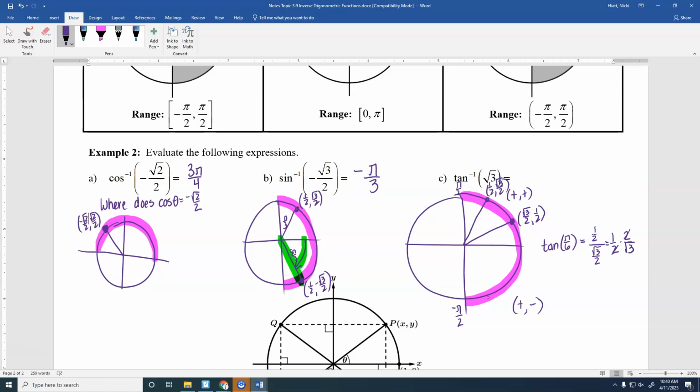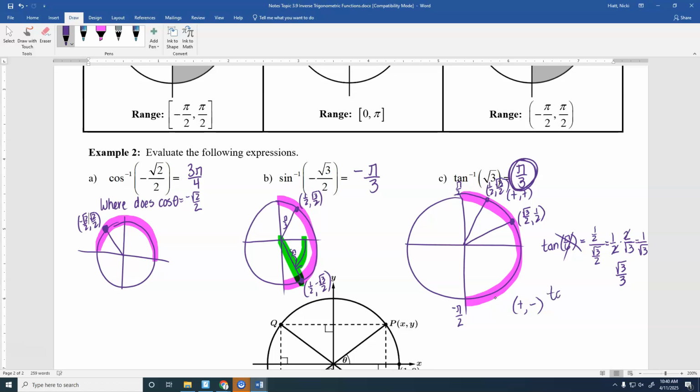My 2's cancel, but I'm going to get 1 over the square root of 3, which I'd have to rationalize. That would be square root of 3 over 3 right there. That is not it. So by process of elimination, I could go ahead and say that it's going to be pi over 3 for my answer there, because I know it's got to be one of those 2 points.